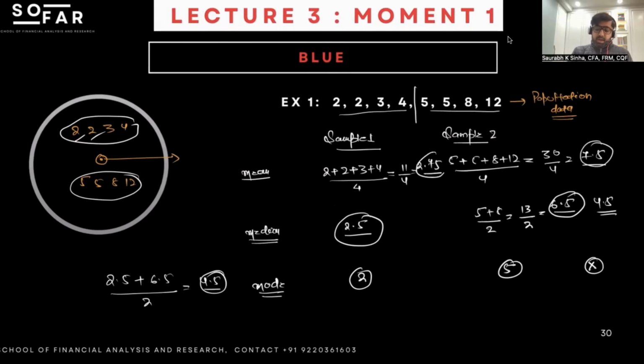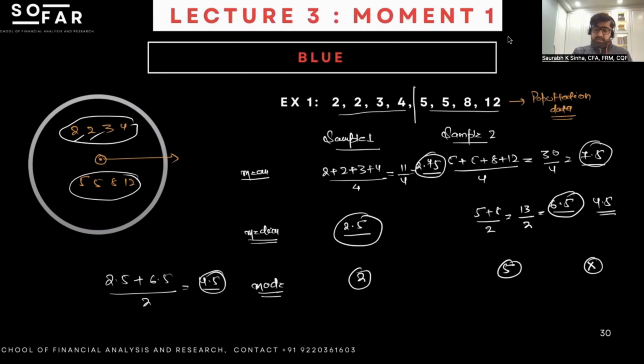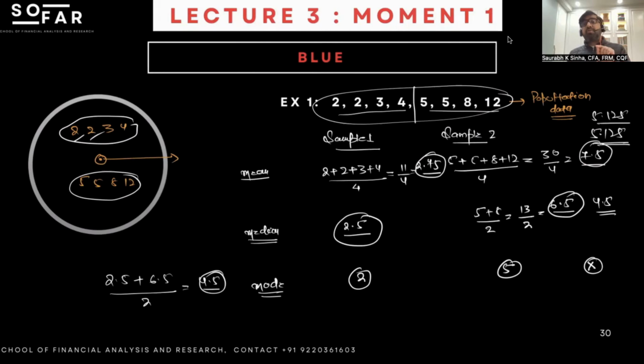So if you take the mean of the sample means, it is going to be 5.125. If you take the mean of this whole, 2 plus 2 plus 3 plus 4 plus 5 plus 5 plus 8 plus 12 divided by the number of data points, which is 8, it is going to be the population mean. And that is what I'm trying to say. If you take the median of the sample medians, sometimes it is going to be equal to the population median. But if you take the mean of the sample means, it is always going to be the population mean. And if you take the mode of the sample modes, it is never going to be the population mode.